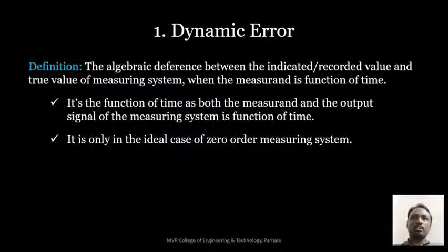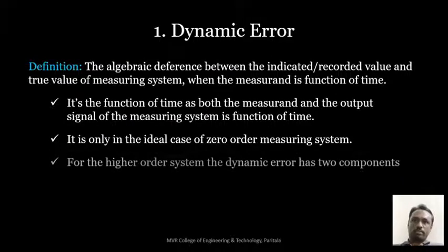It is only 0 in the case of a zero order measuring system. So for the zero order system only, it will be ideal, that means the dynamic error will be 0. But practically it is not possible. Most of the systems will be either first order or second order. For the higher order system, the dynamic error has two components.